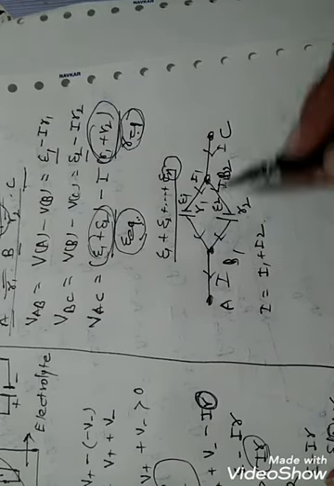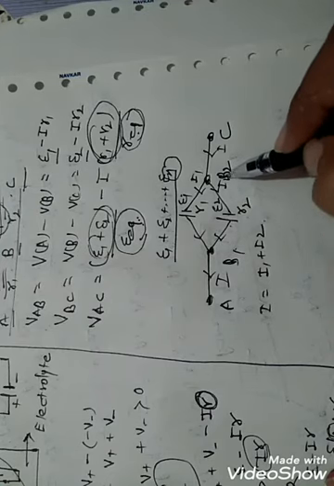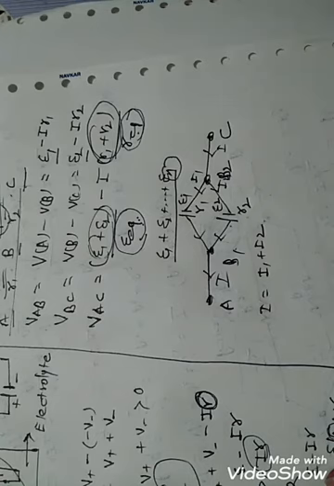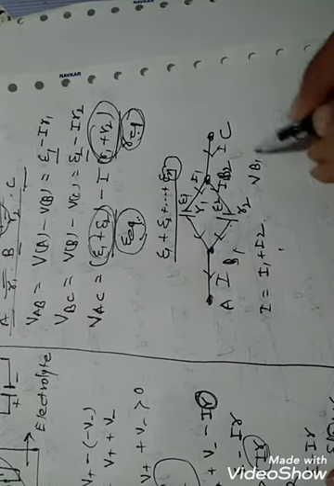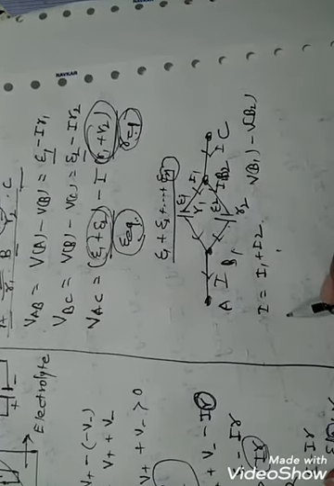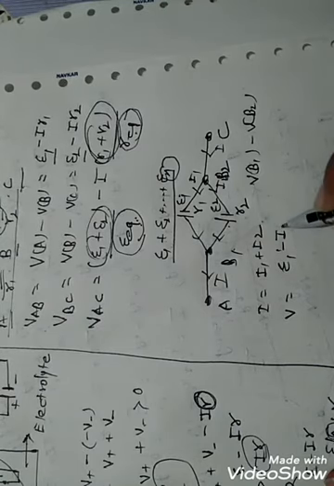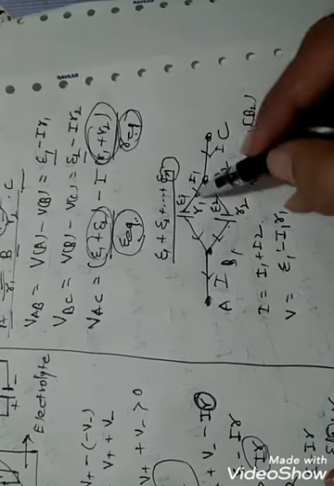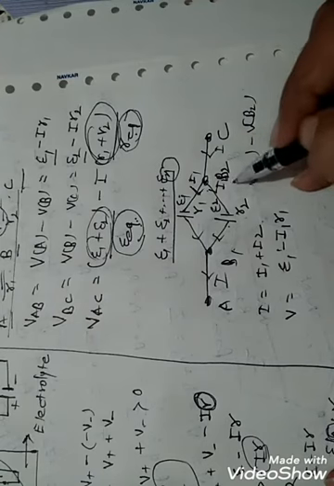Let the potentials at B1 and B2 be V B1 and V B2. Considering the first cell, the potential difference across the terminals, V B1 minus V B2, so V is equal to E1 minus I1 R1, because the total current is divided into two parts, I1 and I2.